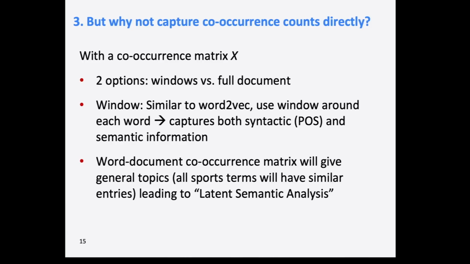Look, we have this whole big pile of data. The traditional thinking of statistics is you have a big pile of data, you aggregate it, and there are obvious things you could do here. You could say, well, there's a word, whatever word we're using, banana. Let's just see what words occur in the context of banana and count them all up, and then we'll be able to use those to predict somehow.